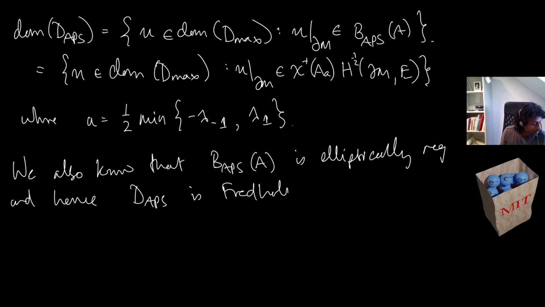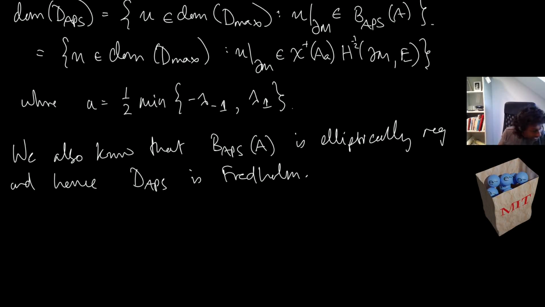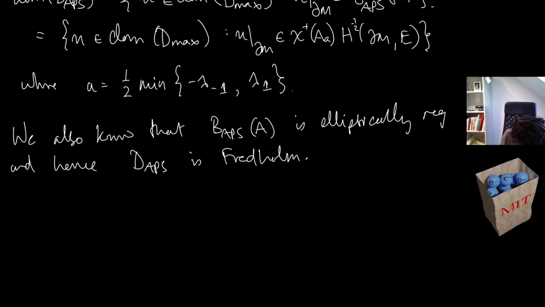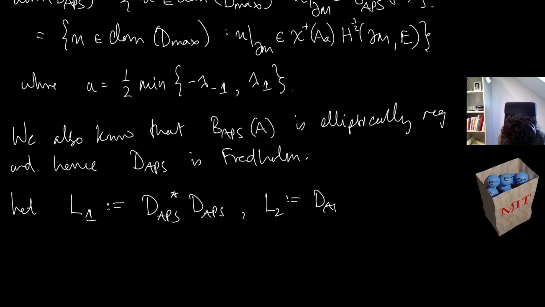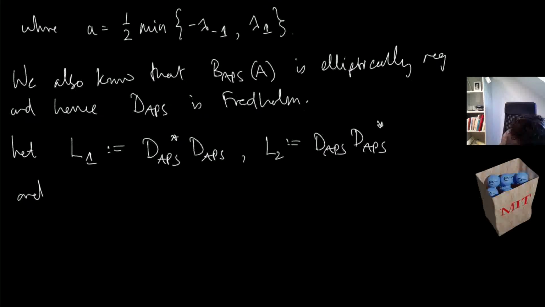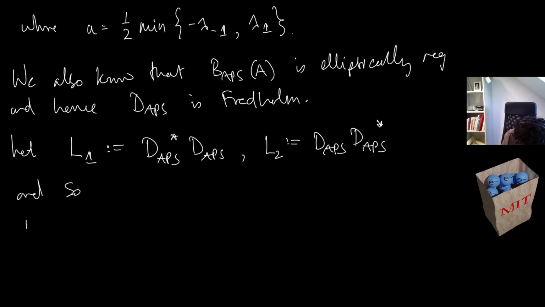Okay, so now we have two new Laplacians. Let L1 equal D_APS star D_APS and L2 equal D_APS D_APS star. And so we can now write the index of D_APS, which we know is a finite number, okay?